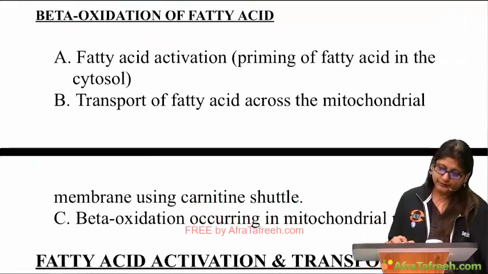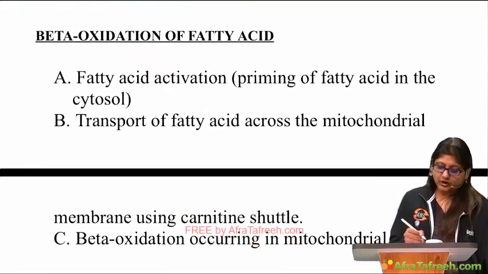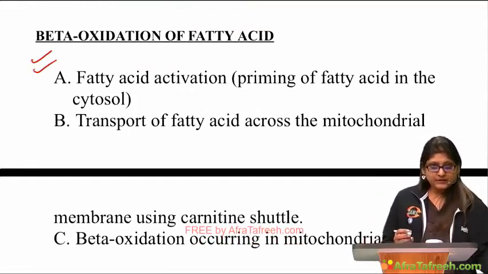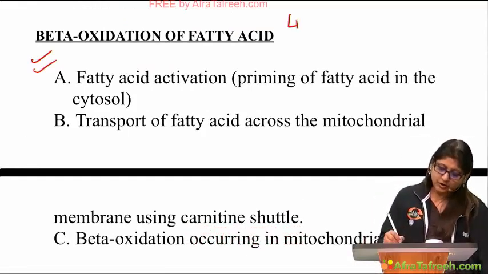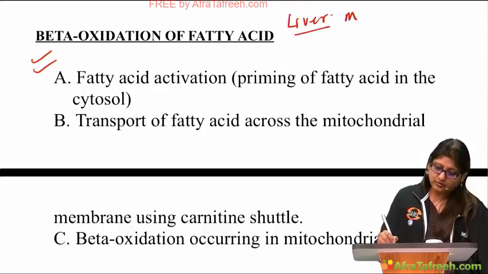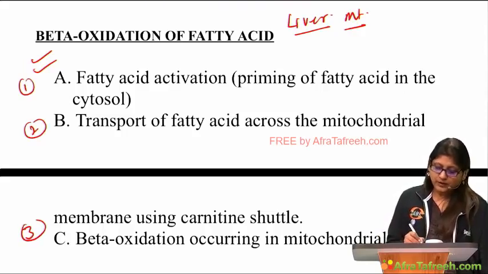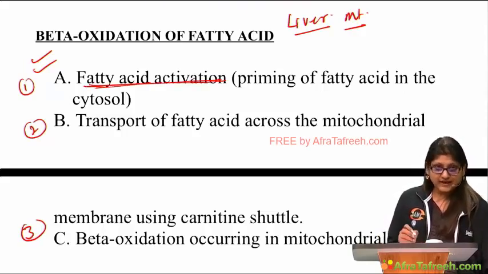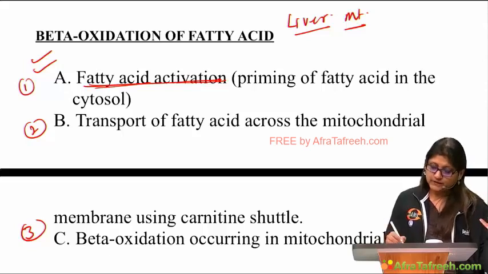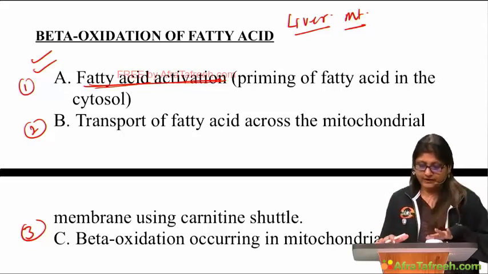Now on the other hand, when we talk about beta oxidation of fatty acid, which is predominantly taking place in the liver mitochondria, we have 3 stages. First stage is the activation of fatty acid, which is nothing but converting the fatty acid to acyl-CoA.